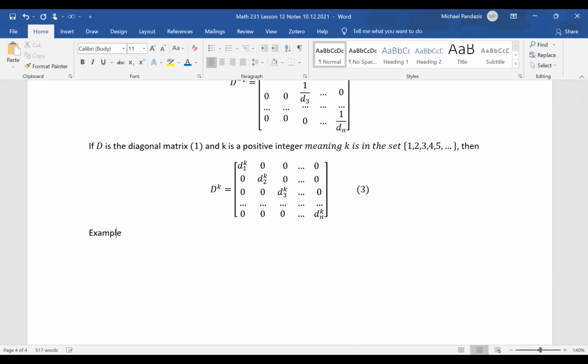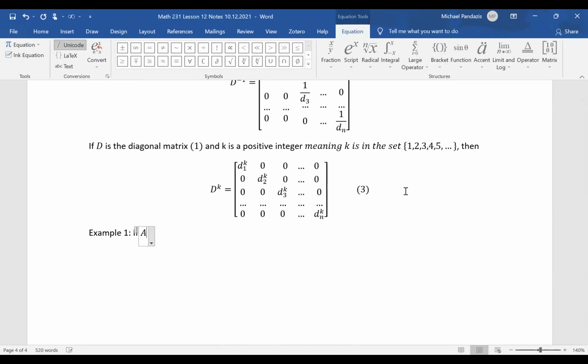Okay, so example 1. Say you have a given matrix A equal to this 3 by 3 matrix: 1, 0, 0, 0, negative 3, 0, 0, 0, 2.